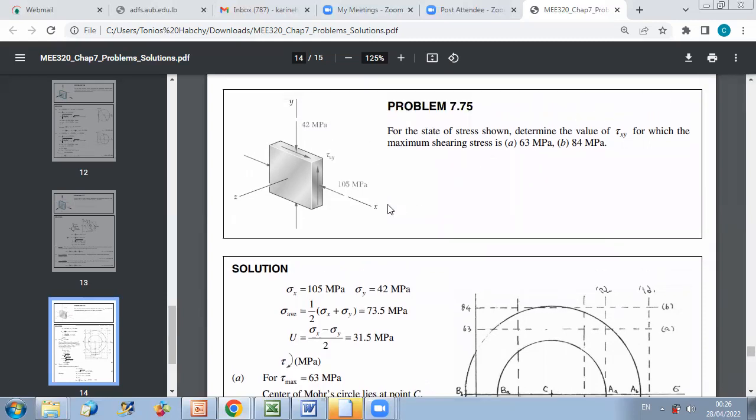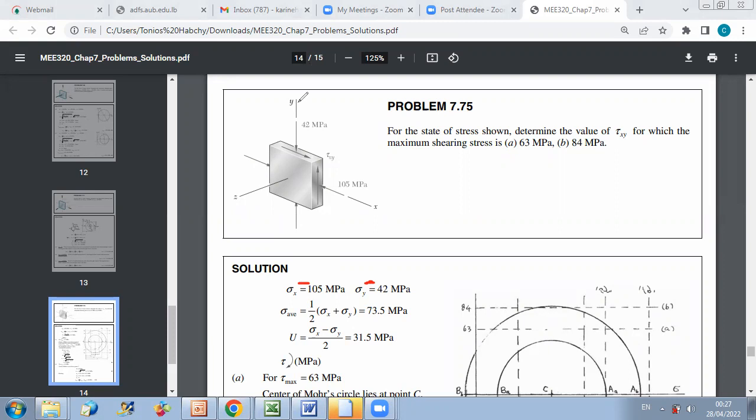We have that sigma x is a compressive stress, so it's minus 105 megapascal. So here you just have to put minus. Sigma y is also negative, a compressive stress, so sigma y is minus 42 megapascal. And tau xy is unknown. We want to determine the value of tau xy, okay?